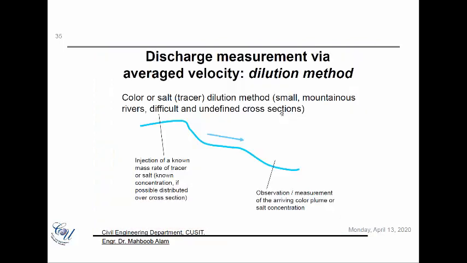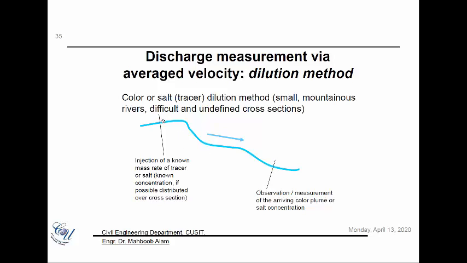One of them is the tracer dilution method, where we introduce a certain tracer with a known concentration in the upstream part, with a constant injection rate, and we then measure the same thing downstream and try to find out the concentration here.